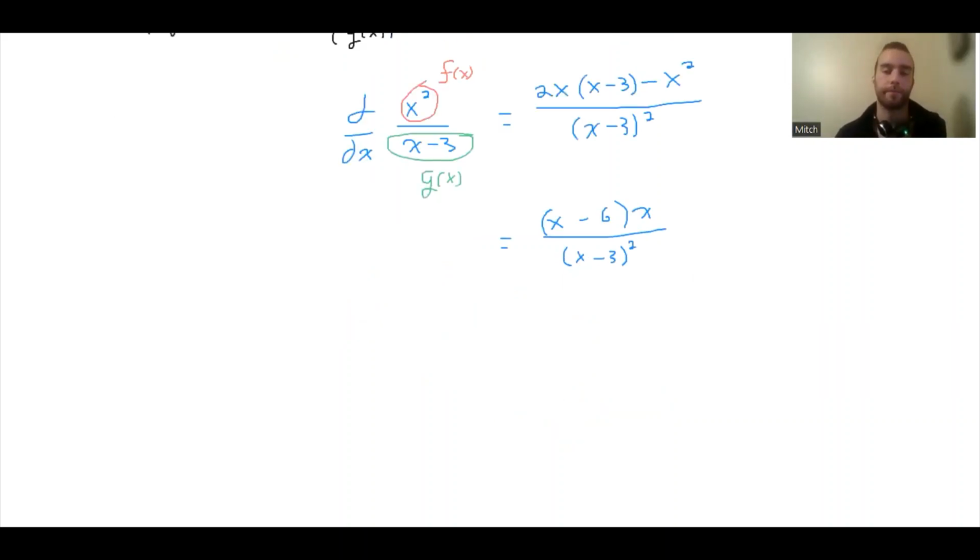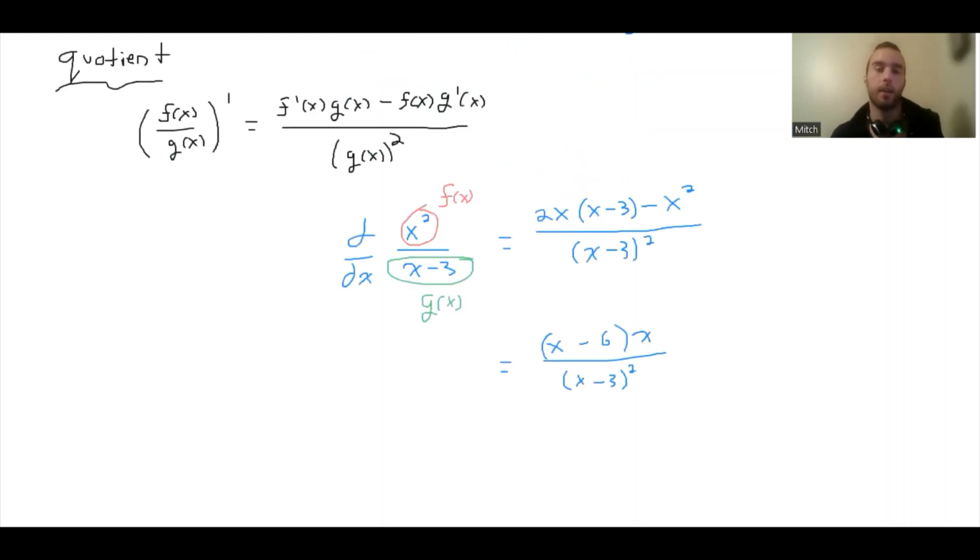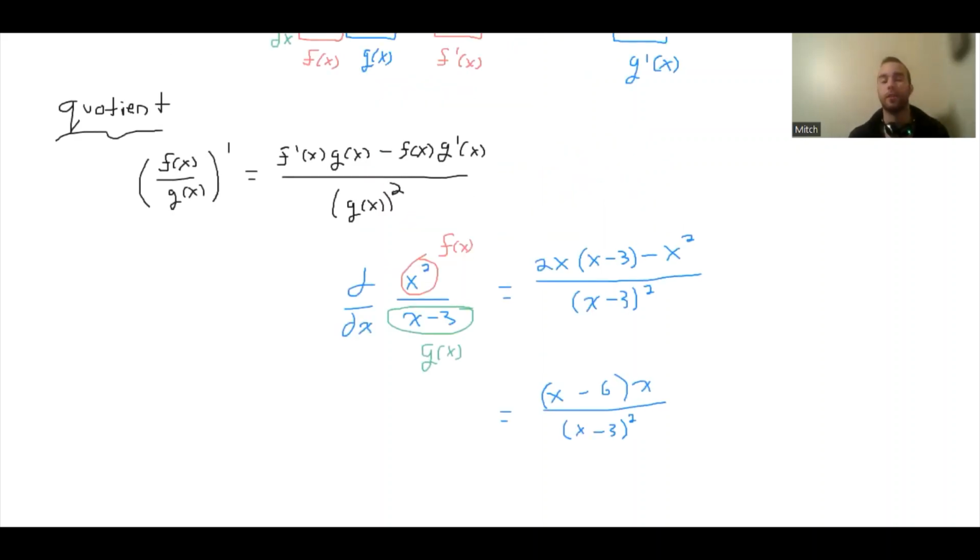I find that sometimes you don't need to use quotient rule. Once you know chain rule, which I'm going to get to next, you can combine chain rule with product rule in order to solve for quotients.